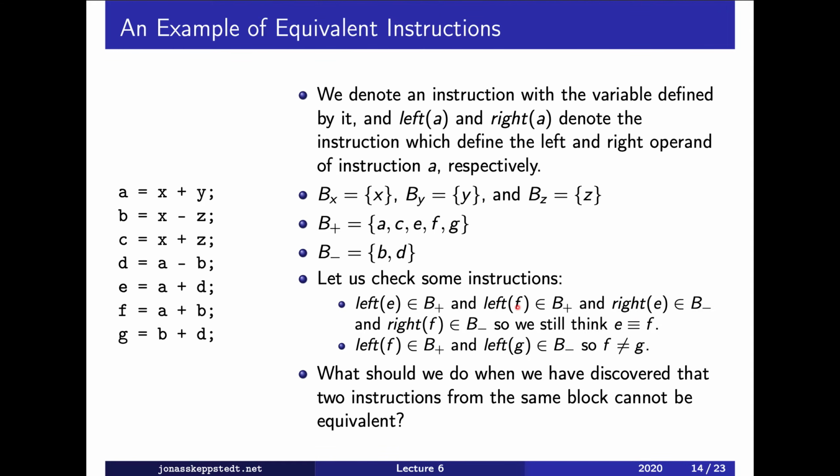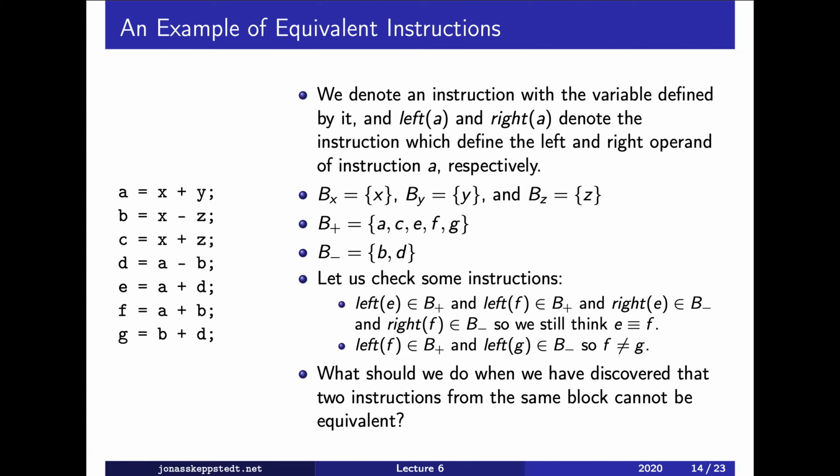Then we check left F. Well, that's also A, so it is certainly in the same block. And then we check right E, that's D, and that is in B minus. And then we check right F, which also is in B minus. So we continue to think that E and F produce the same value.